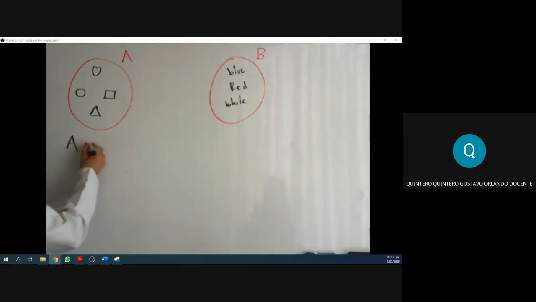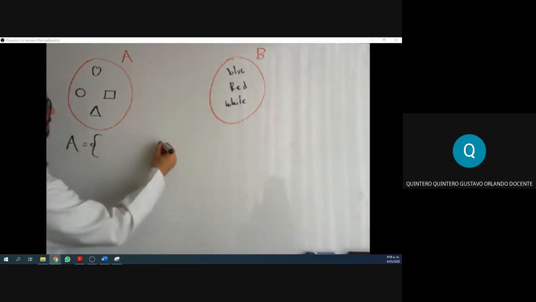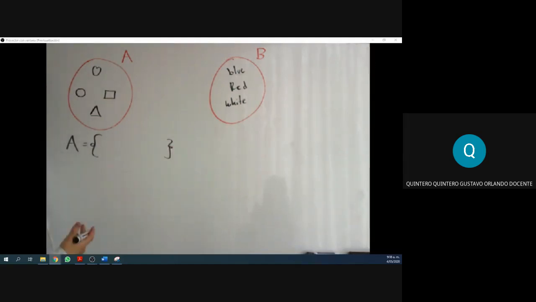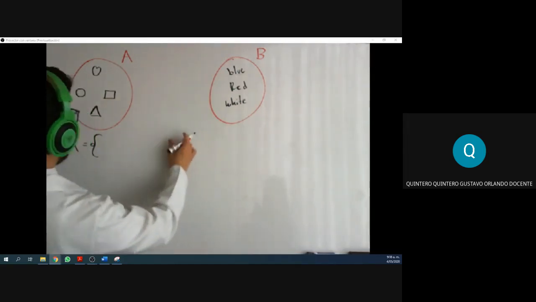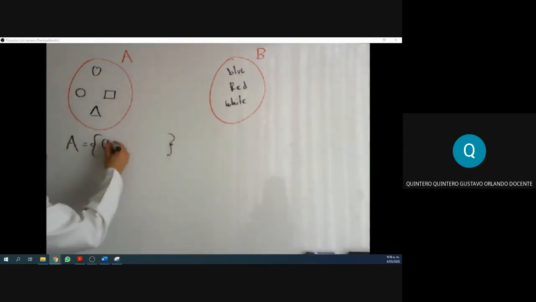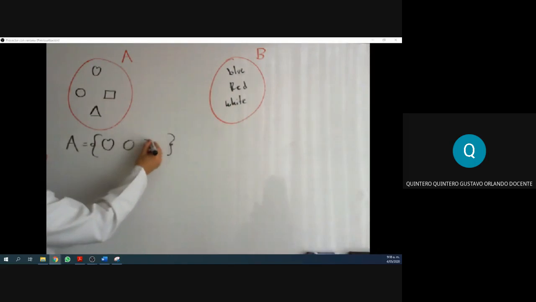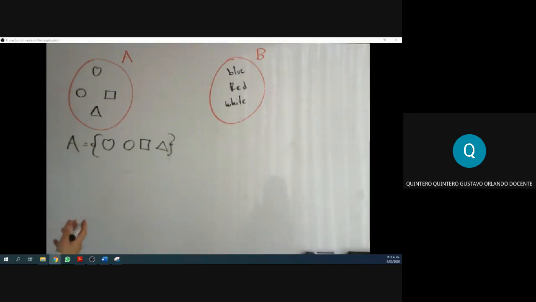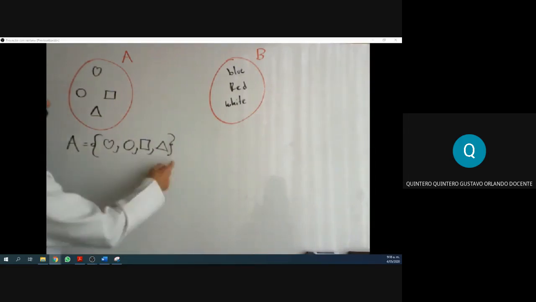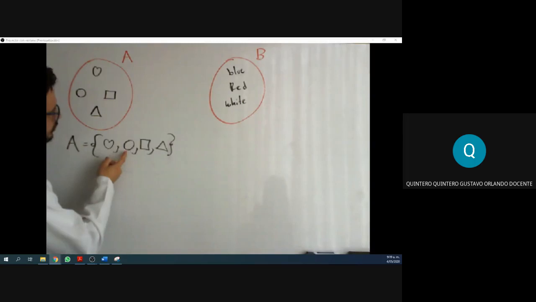If you write set A like this, you write inside of these curly brackets the elements of the set A. So the set A is going to have heart, circle, square, triangle. And the way in mathematics we separate the elements is by using commas. So don't forget about the commas, right? Like this, you're saying that the set A has 4 elements and those elements are heart, circle, square, triangle.